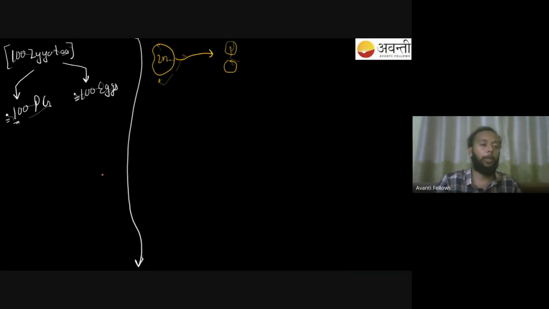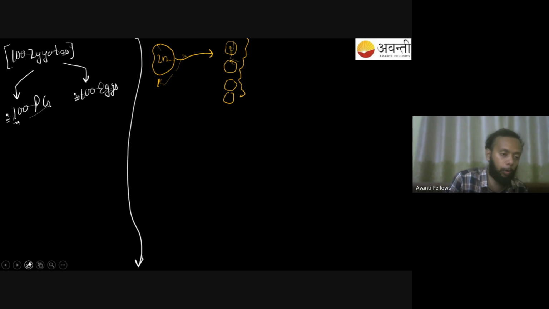ठीक है. So you need to have 100 pollen grains and you need to have 100 eggs, so that you can make your 100 zygotes. अगर मैं एक बार meiosis करता हूँ यहाँ पे, if I do one time meiosis, I get 4 macrospores, right? इसका मतलब यहाँ पे ये होता है, that when I do one time meiosis, I get 4 pollen grains, right?